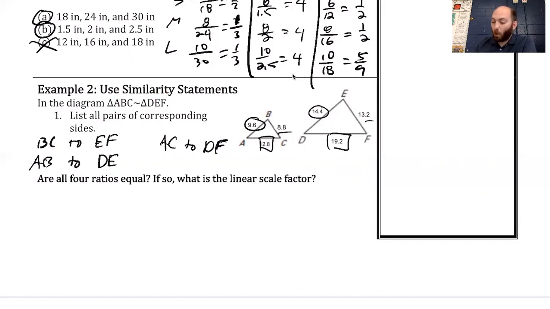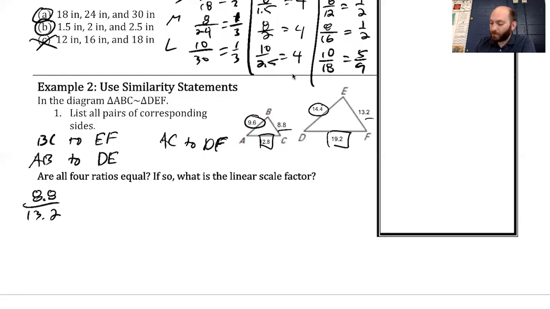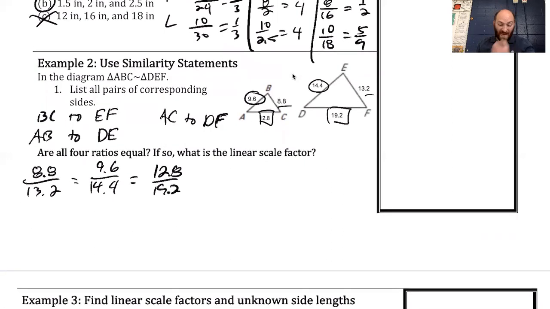I don't know why it says 4 ratios, but we can look at 3 ratios here. The 3 ratios we're going to look at: is 8.8 over 13.2 equal to 9.6 over 14.4? And is that equal to 12.8 over 19.2? Because these are decimal numbers, I think it'd be easier to do my cross multiplication.